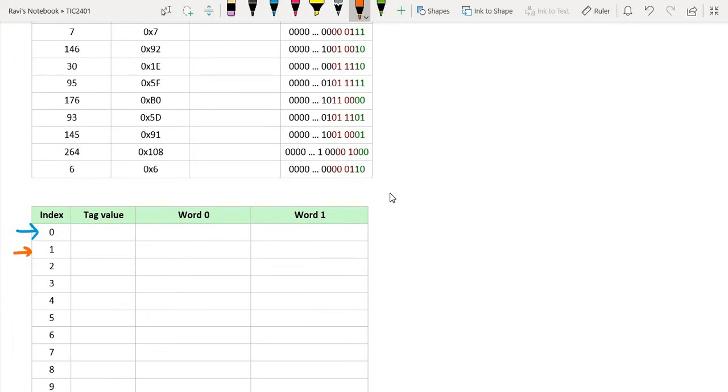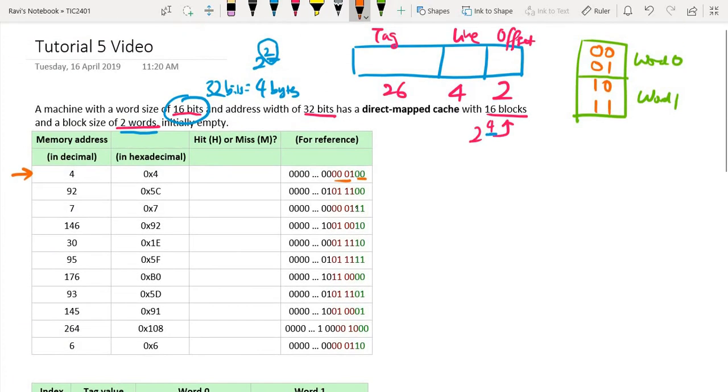So we will need to update cache line 1. In this example, the byte offset is 0, which is pointing to word 0.